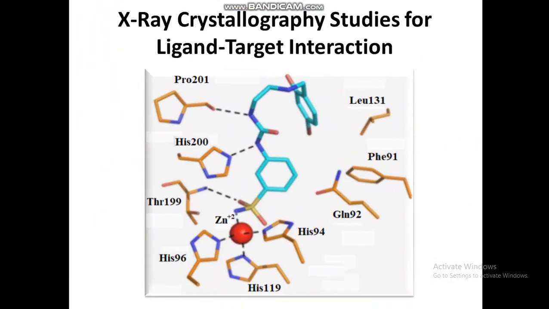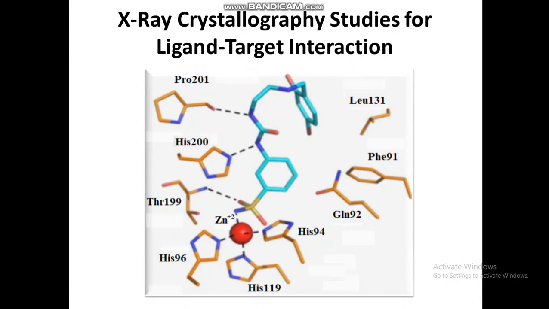Then we performed X-ray crystallographic studies for ligand-target interaction, and we used a synchrotron in France. We crystallized our compounds inside the enzyme by making a complex, and then we sent our sample to the lab in France, and the crystallographic data was analyzed through different software.